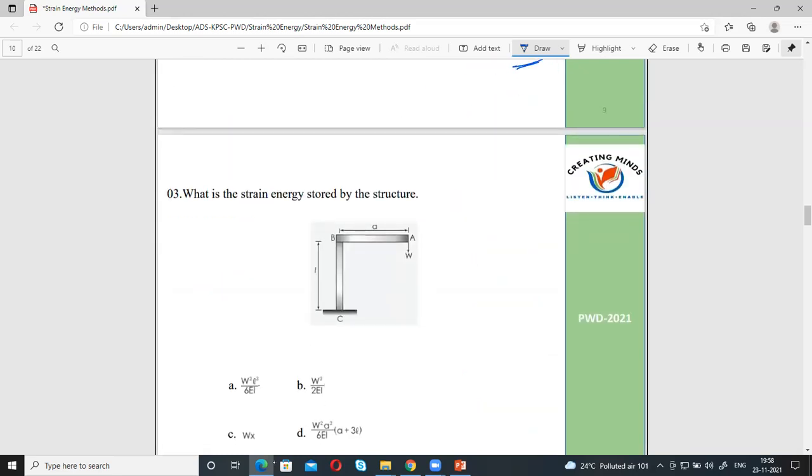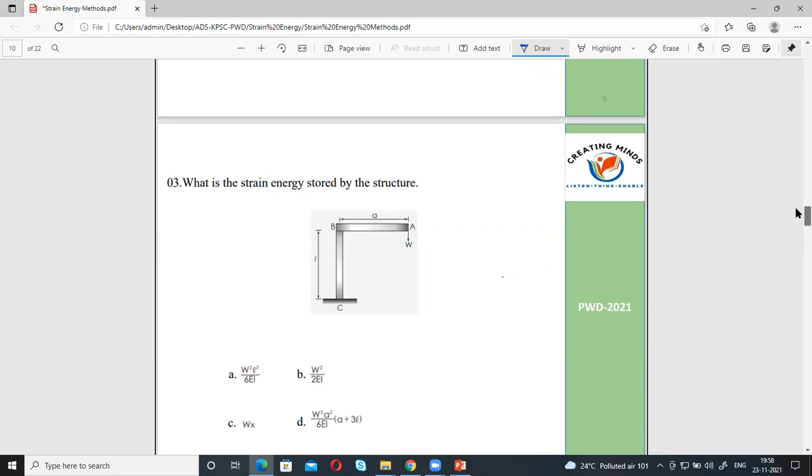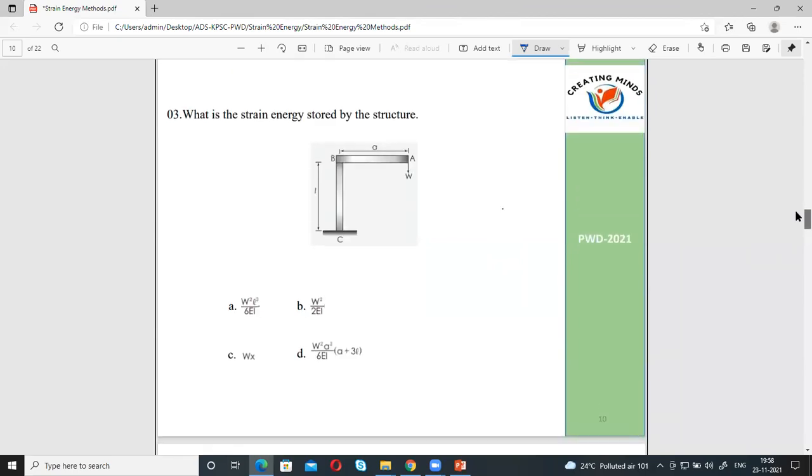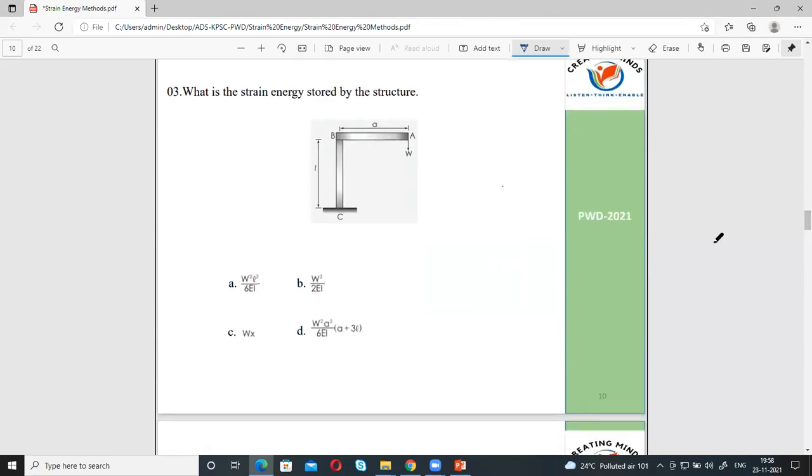Here, a frame. Very good question. What is the strain energy stored in the structure? Any guesses?